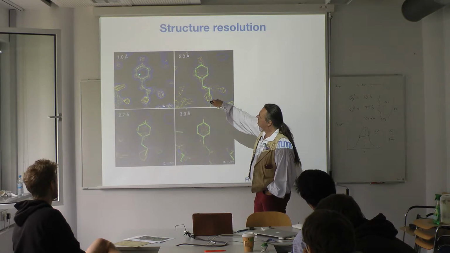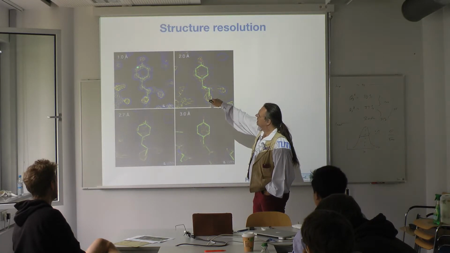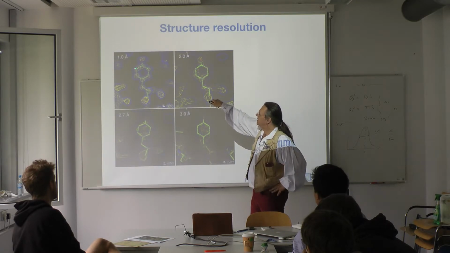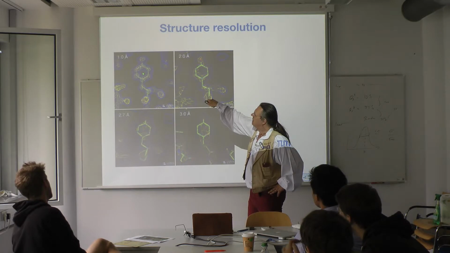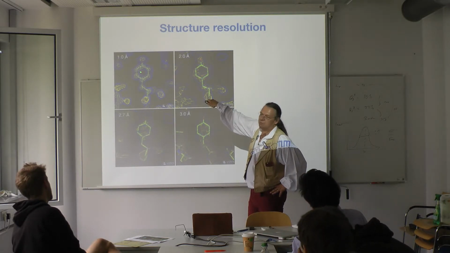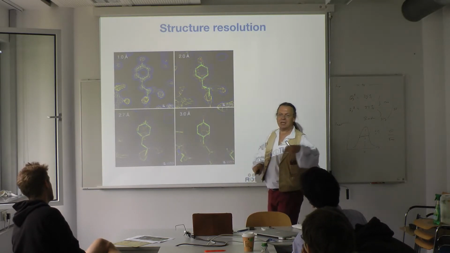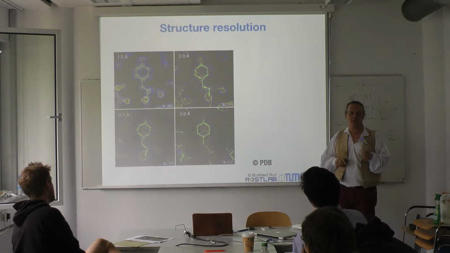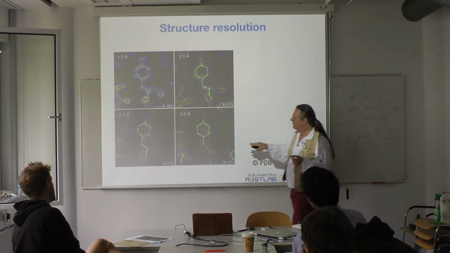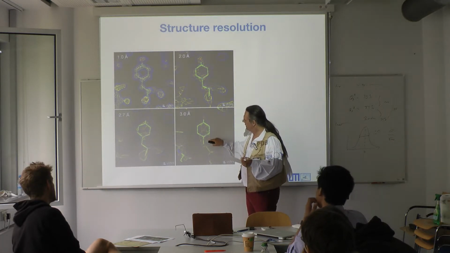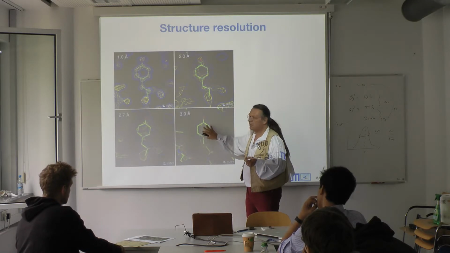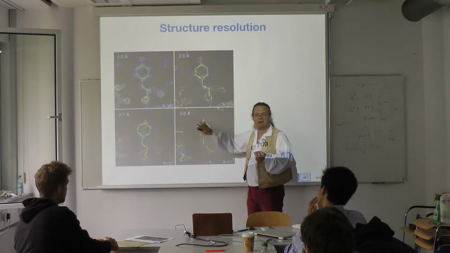In the 1 angstrom, what I hope you can see is that the blue really fits the green. The blue mesh is the electron density map. And maybe you can even see that in this particular case the ring has a hole in the electron density map. This one you cannot see, but maybe you can see that the blue mesh extends over the entire place here.